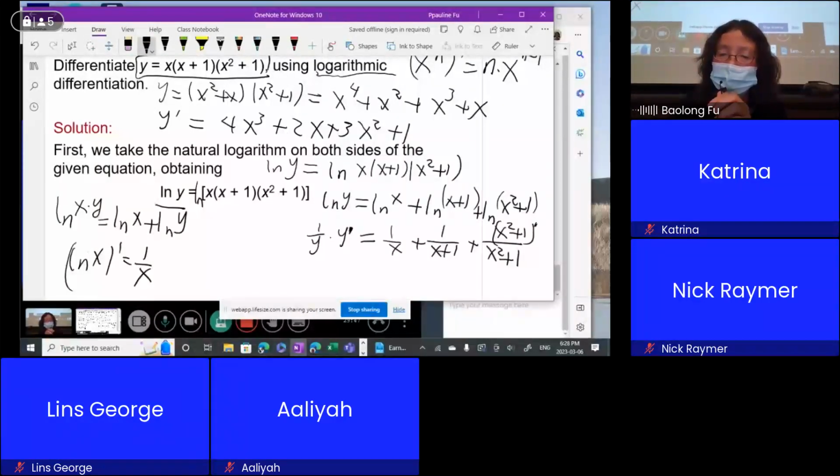Correct. You have to take derivative of x squared plus 1. Derivative of x squared plus 1 is 2x. Thank you. So derivative of x squared plus 1 is 2x.